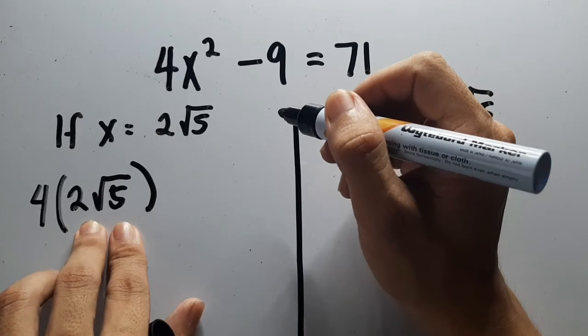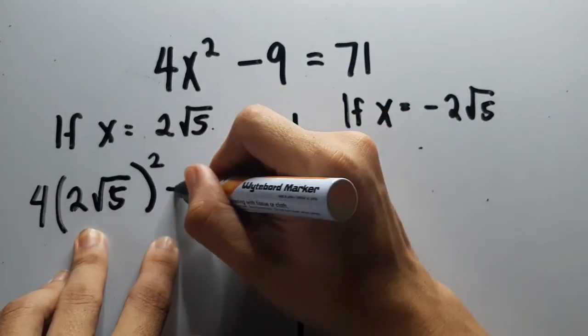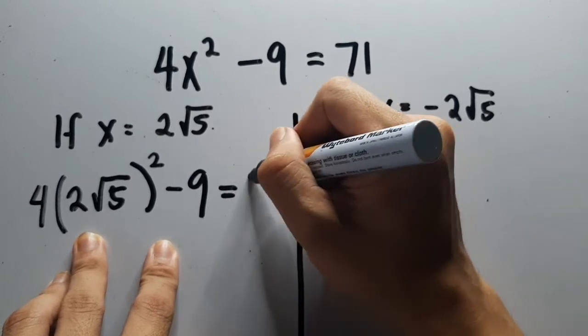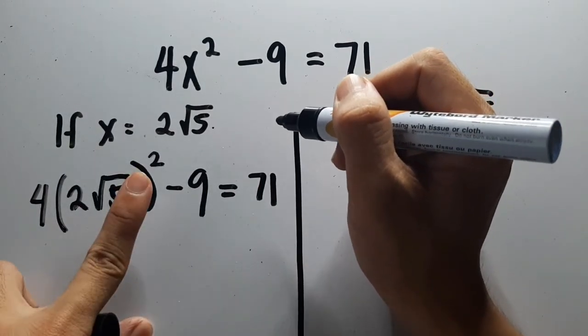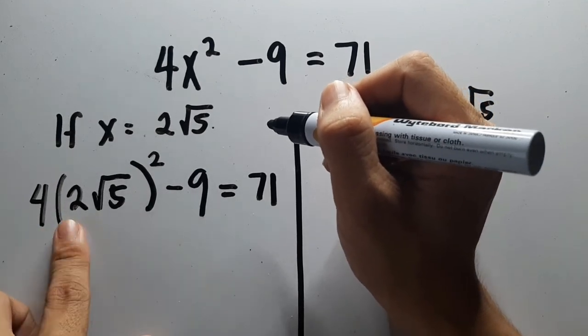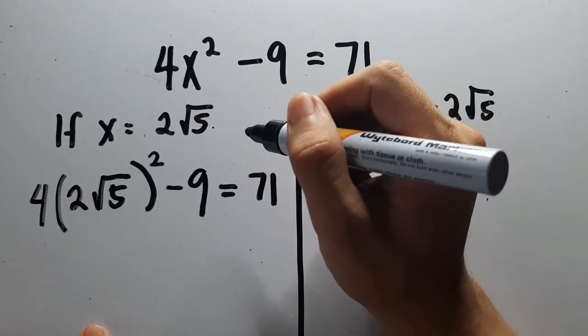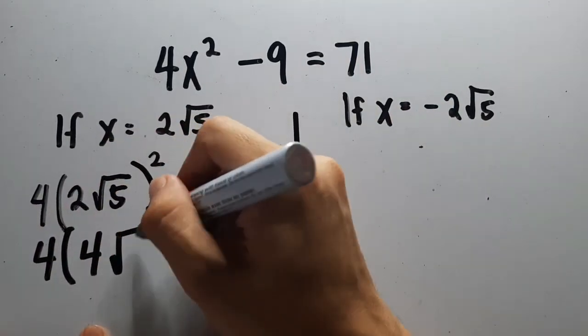Isa-substitute lang natin yung value ng x to this one. So meron siyang square minus 9 is equal to 71. So 2 square root of 5 square, or sabihin natin na 2 square root of 5 multiplied by 2 square root of 5 will become 4 square root of 25.